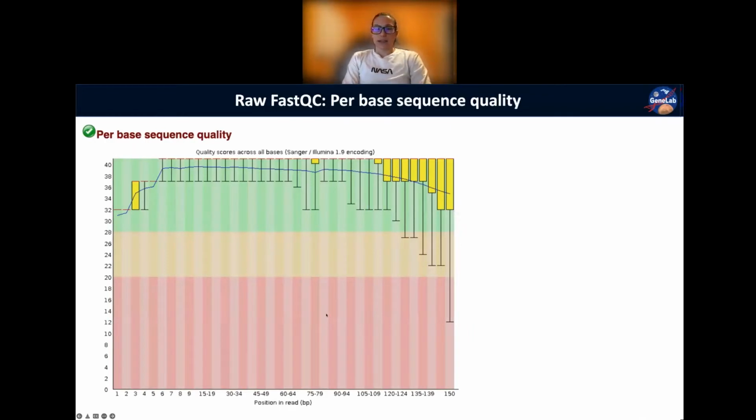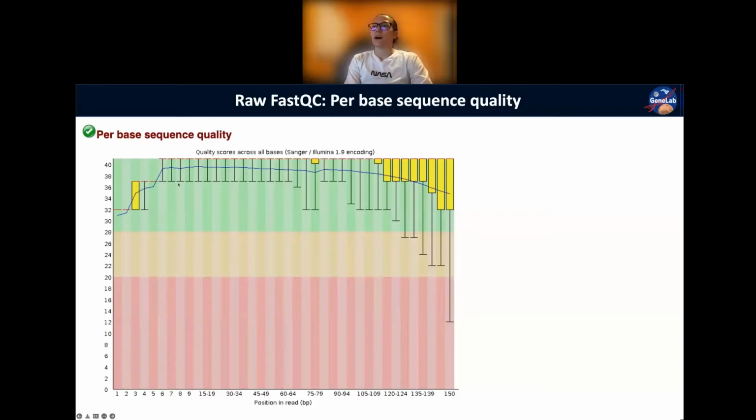The next thing that the FastQC tool will give you is the quality per base. Down here on the x-axis, we see the position in read in base pairs. Because these are 150 base pairs long, it goes from 1 to 150. And then this gives us that Q score, the quality score. If you remember, a quality score of 40 is 99.99% accurate.